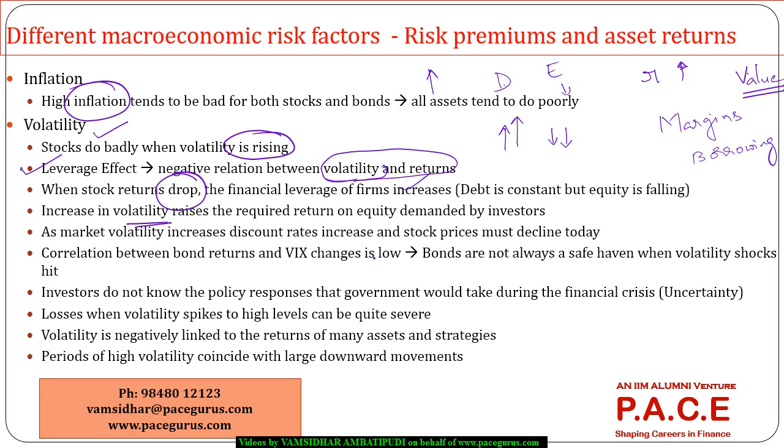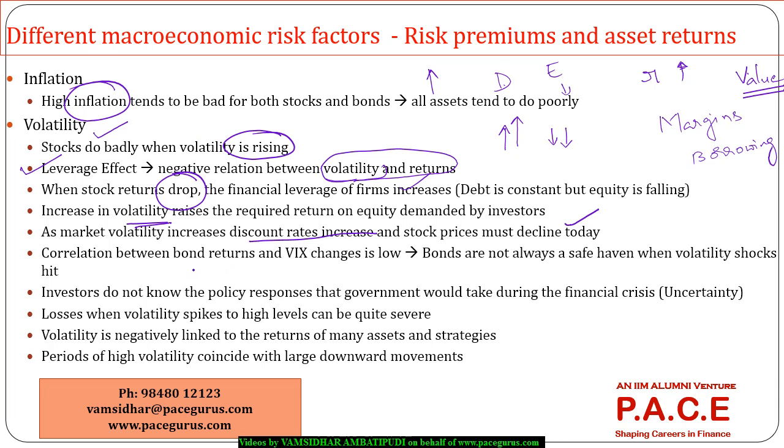And also the discount rate is increasing. Expected return is going up, meaning the discount rate is increasing, which means the present value of that equity security will fall. So the stock prices have to fall because the present value of that equity has fallen because of the increase in the discount rate. So that's the kind of linkage you could see.